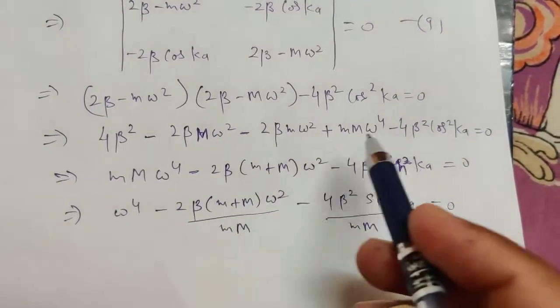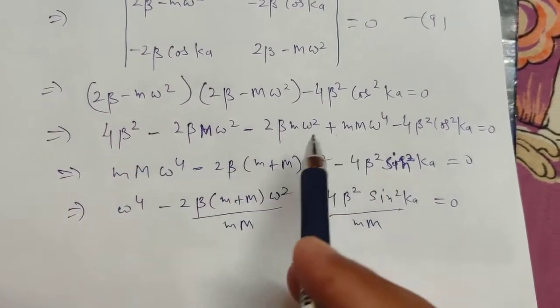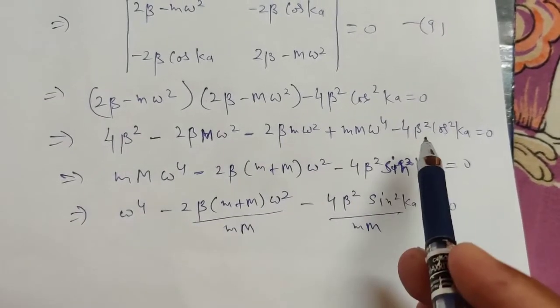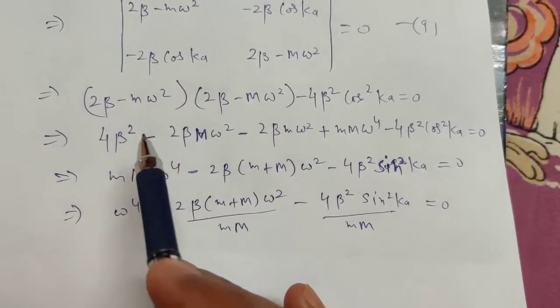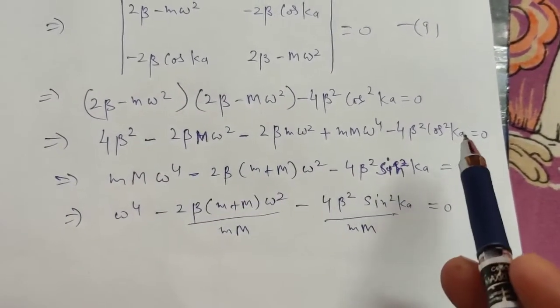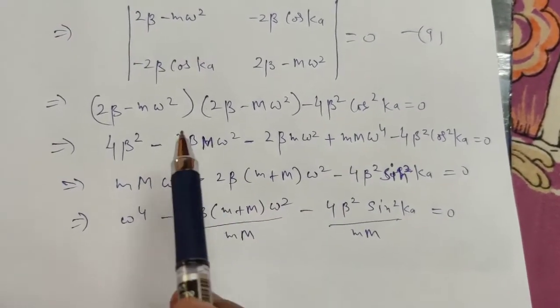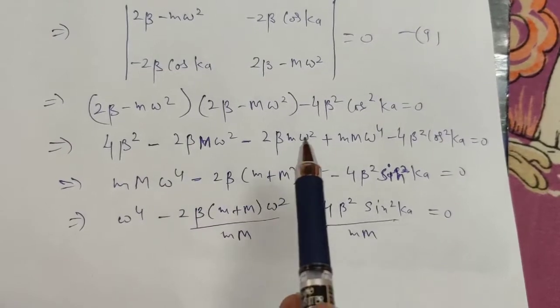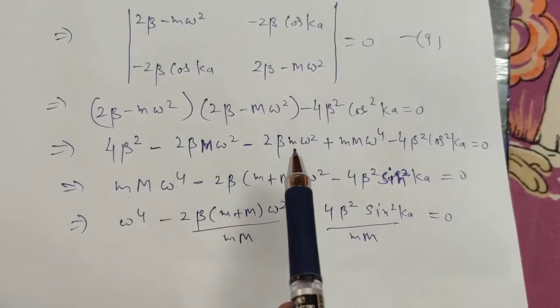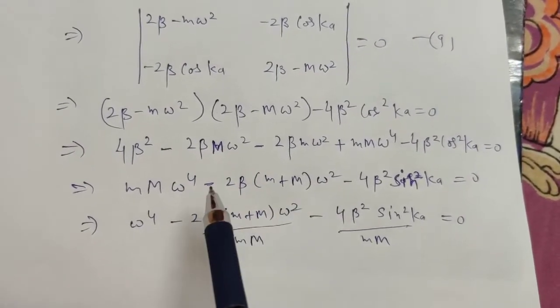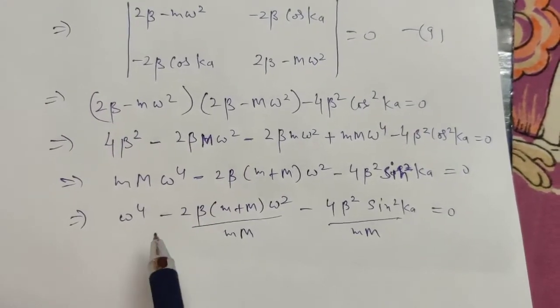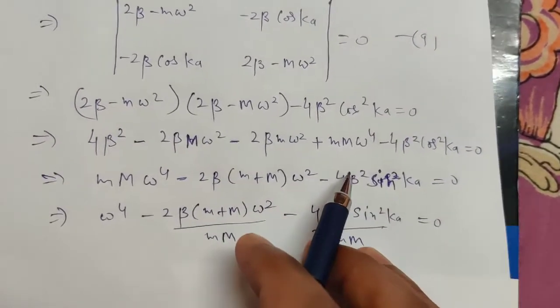The highest power terms will be clubbed, 4 beta square will be common, and this will be 1 minus cos square k, which is sin square k. Here 2 beta omega square will be common, and small m and capital M will be added by taking the minus sign common. So this will be the resulting equation.